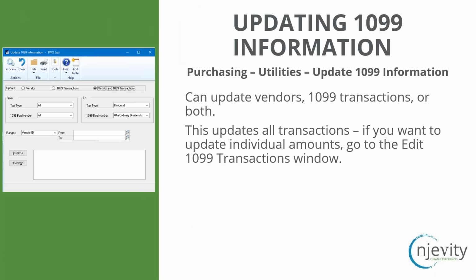So if the vendor is still marked as non-taxable, or you didn't run the transaction update here, and you just marked the vendor as a 1099 vendor and plugged in specific amounts in the Edit 1099 Transactions window, when you reconcile, it's going to look at the transactions and wipe those amounts out. It's not necessarily a bad thing, just something to note.